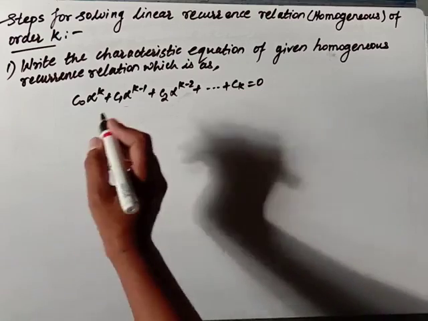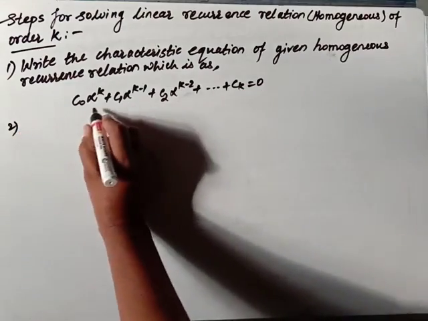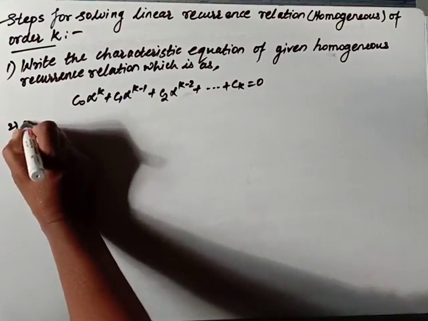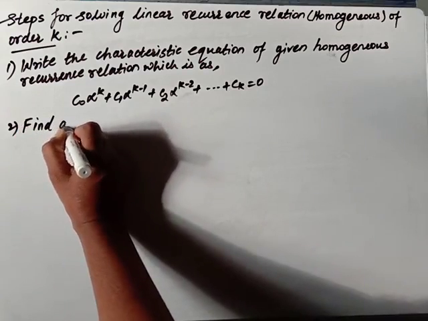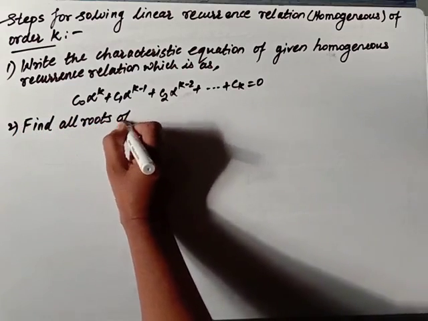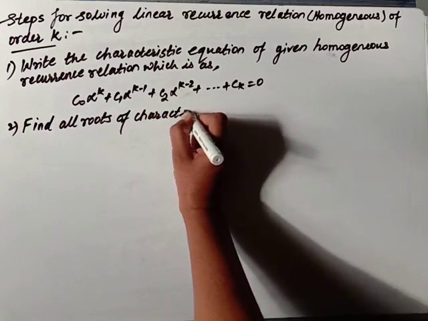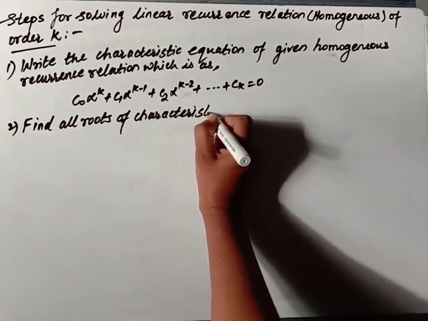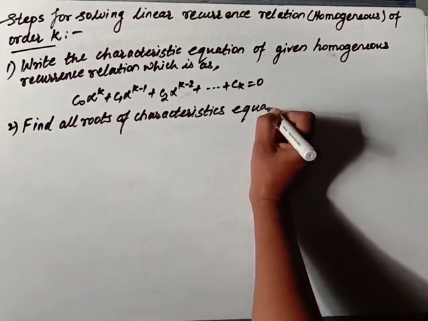Fine. Now after writing this, the second step says we have to find all roots of this characteristic equation. That are what? Characteristic roots. So find all roots of the characteristic equation.